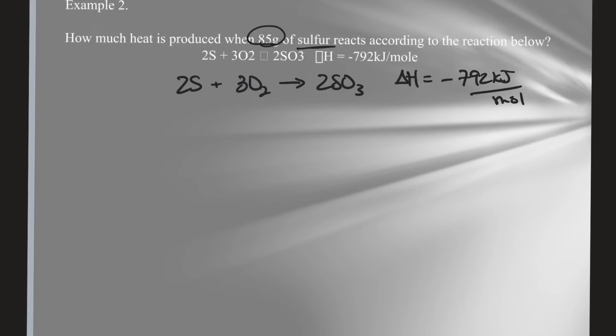So we're starting with 85 grams of sulfur. Since it's in grams, the first thing you want to do is convert this to moles. If you use the periodic table, we know that for every 1 mole of sulfur, it's 32.06 grams of sulfur. So this cancels out.